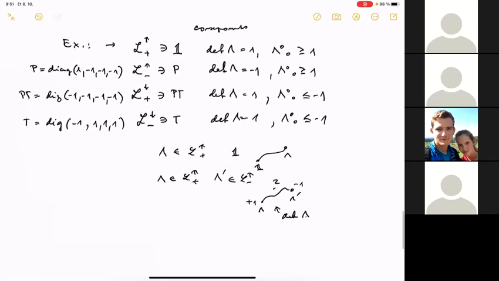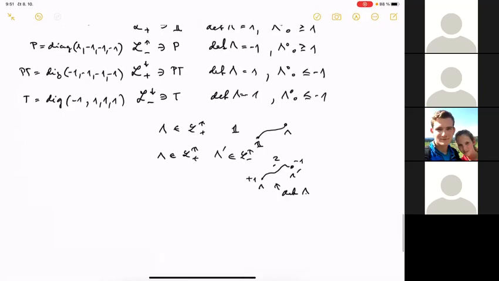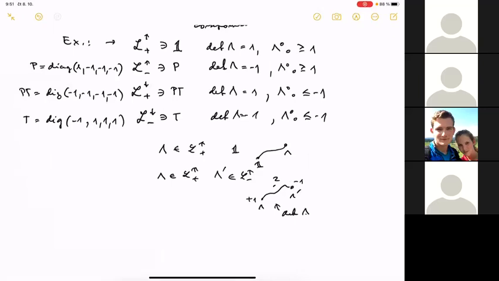On the other hand, we can say something about the structure of the matrices from these components, because every lambda from, say, L minus upwards can be written as this distinguished P operator times some element lambda primed from the subgroup L plus upwards.